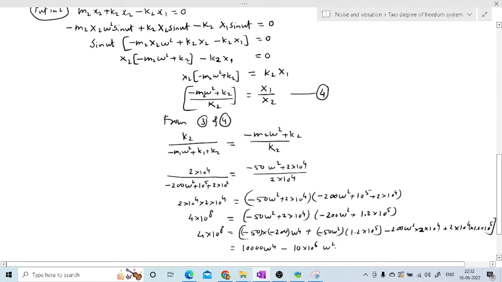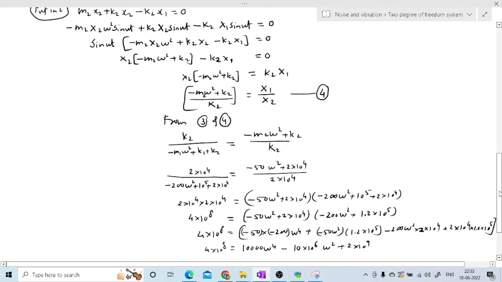Then plus, multiply these two constant terms, it will become 2 into 10 raised to 9. I have taken omega square common, so we got this term. So 4 into 10 raised to 8.